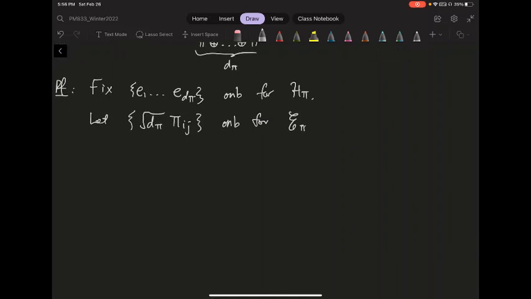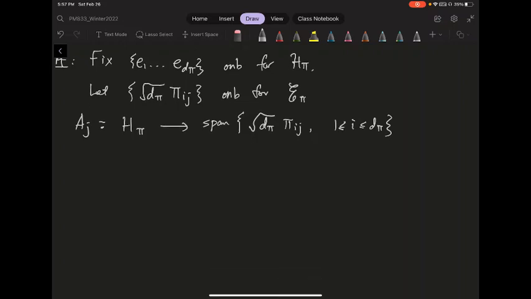Let's consider the following. Let A j be a unitary from H pi to the subspace of E pi spanned by the following: I fix the second coordinate, the column, to be j, so the square root of d pi times pi ij, with i from 1 to d pi. So this fixes the jth column of the pi ij's, and you consider the linear subspace.